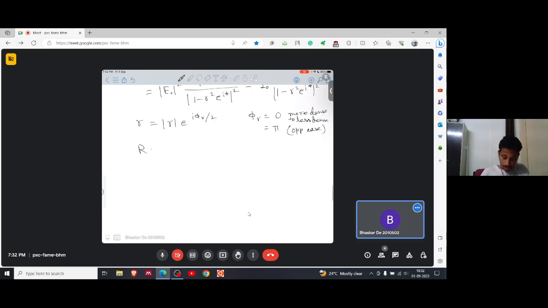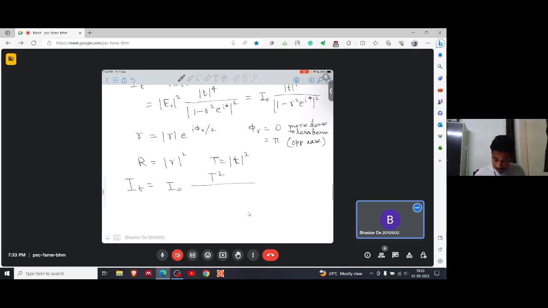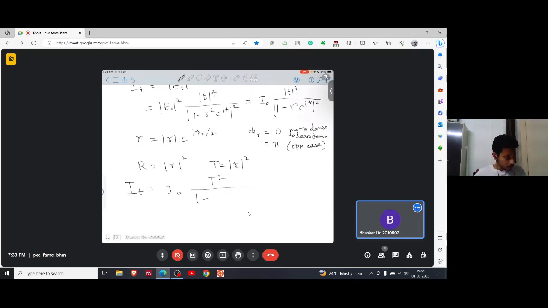So now if we define the reflectivity as capital R equal to square of modulus of small r and capital T equal to square of modulus of t, then we can write it as It equal to I naught T square by modulus of 1 minus R e to the power I capital phi whole square.